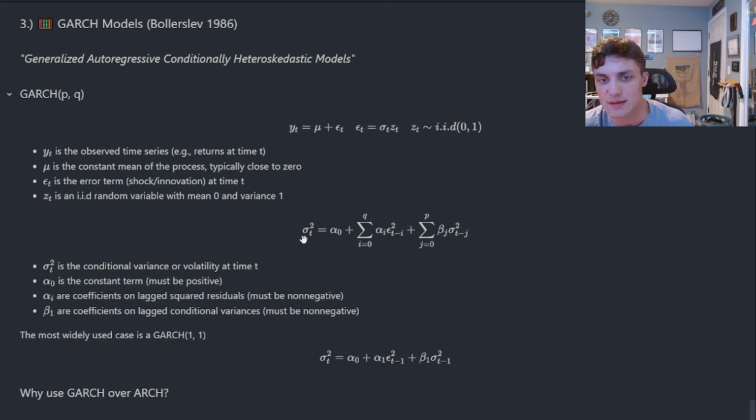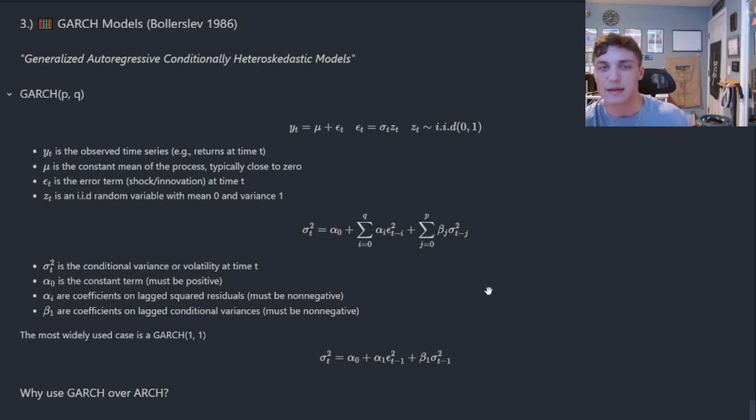And we look back to this volatility process. We see, okay, we still have that series of alphas and the epsilon, those innovations with the time varying volatilities. But we also have this new term here. So we're not just looking at lagged squared residuals. We're also looking at lagged conditional variances. So we're including this new component in the overall process.